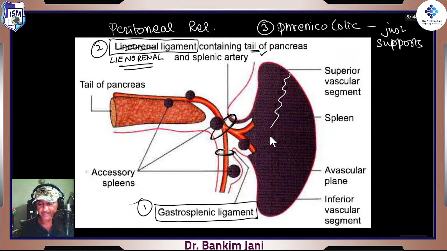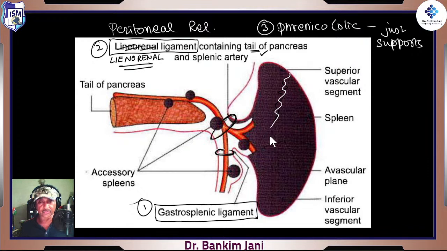When the tail of the pancreas is sacrificed, we'll see during our discussion of the pancreas that it contains islets of Langerhans, and most importantly the beta cells, those beta cells which are making insulin. So if that is sacrificed, immediately for the rest of the life, the person will be diabetic, right? So that's the reason it is so important to know these structures.